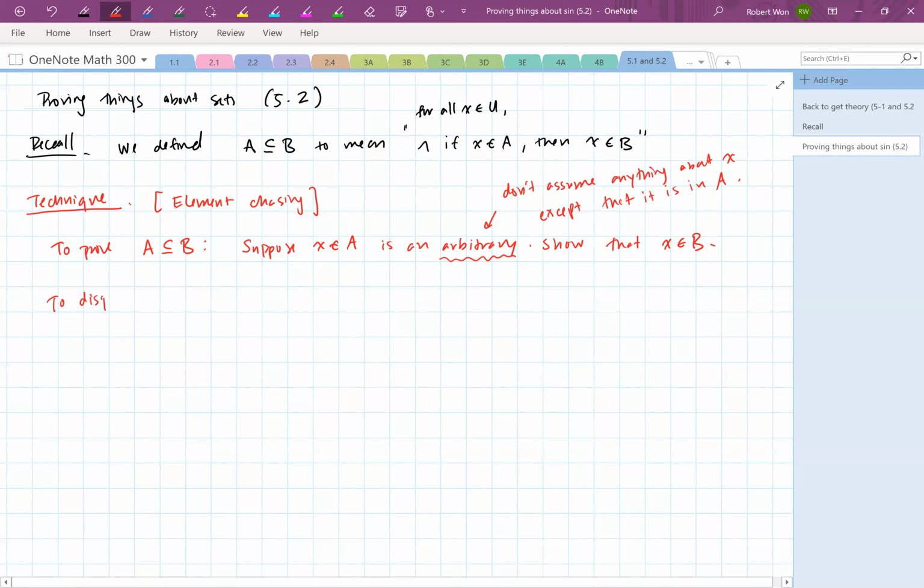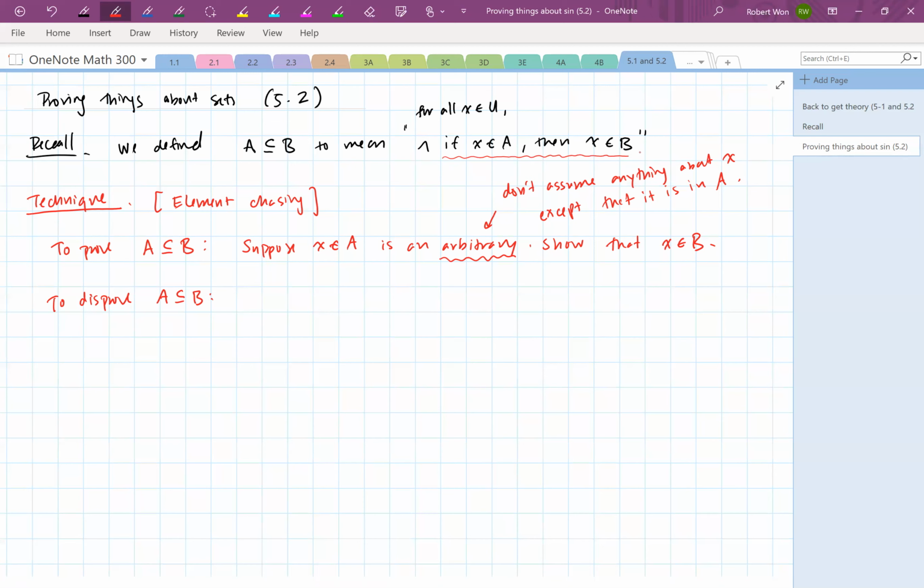Okay, if you want to disprove that A is a subset of B, how can you disprove that? Well, to disprove it means that you would show that this conditional is false. How can you show that this conditional is false? It'll be false if the hypothesis is true and the conclusion is false.